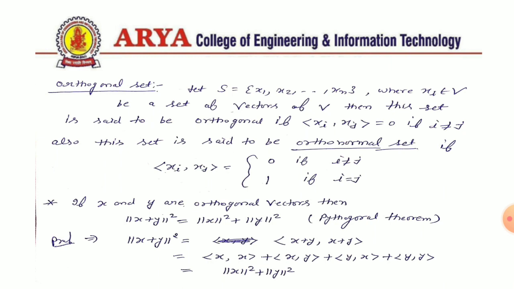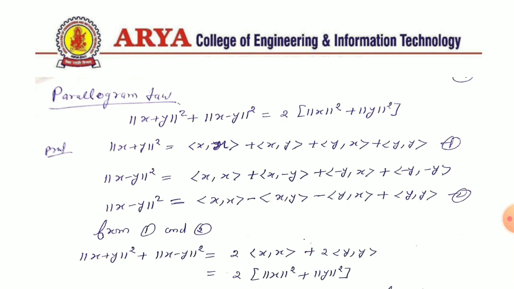Now here inner product of x and x becomes norm of x square and inner product of y and y becomes norm of y square. Here inner product of xy plus inner product of yx cancel each other because they are complex conjugates. Okay, now let's move to the next slide.